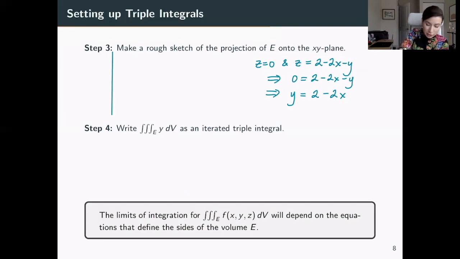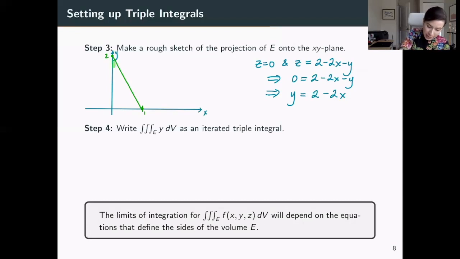We can then sketch this in the xy-plane. So here we have our x and our y. And to keep our colors consistent, we have this green line representing the intersection of our plane in the xy-plane. Note that our x-intercept is going to be at x equal to 1, whereas our y-intercept is going to be at 2.